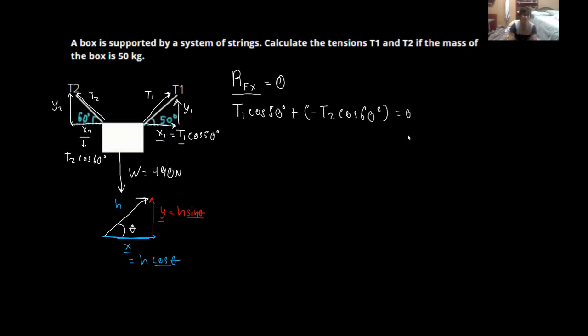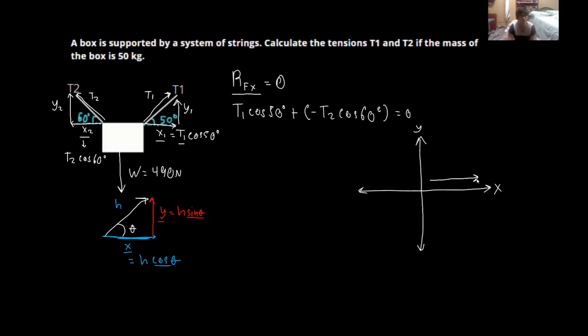Bakit kaya negative? Recall natin ang Cartesian plane. Alam nyo ba ito? Ito si x-axis, ito si y-axis. Itong naka-separated na parts, these are what you call the quadrants. Kapag ang direction niya to the right, positive siya.